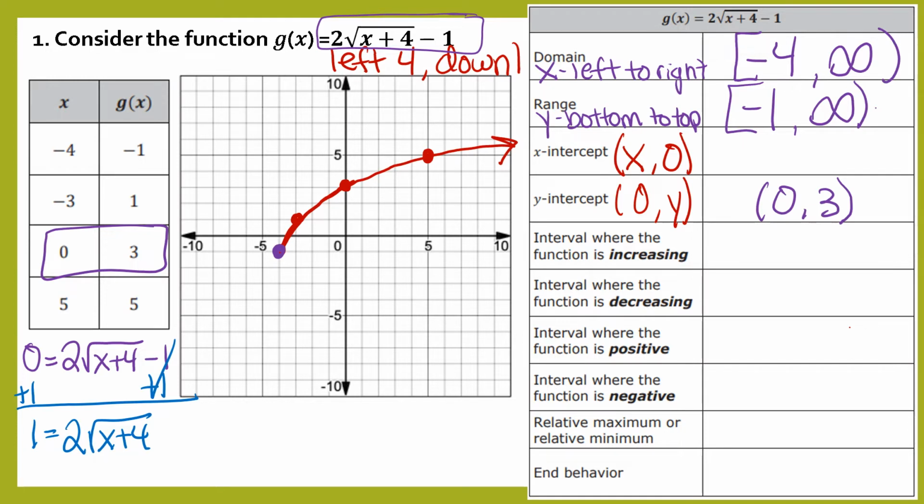Doesn't matter which you do. I'm going to go ahead and square it like it is right now to get rid of that square root. So on the left side, I'll have 1 squared, which is 1. And then on the right side, I square the 2, so I get 4. And then the square root cancels out with the square, and I'm just left with x plus 4.